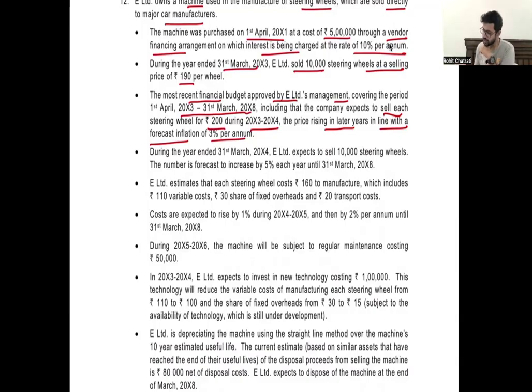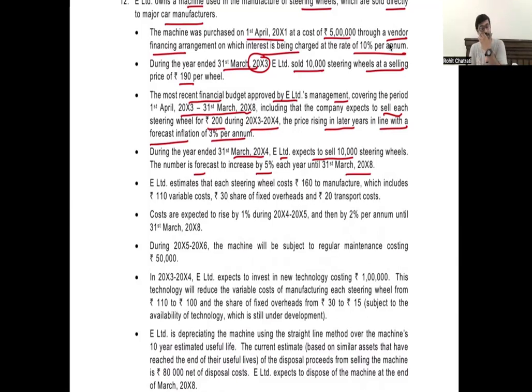All right. During the year ended 31st March 2014, E Limited expects to sell 10,000 steering wheels. In the last year, in the year ended 31st of March 2013, E Limited sold 10,000 units, and in the year 13-14 also, it expects to sell the same number of steering wheels. This number is forecasted to increase by 5% each year until 2018.